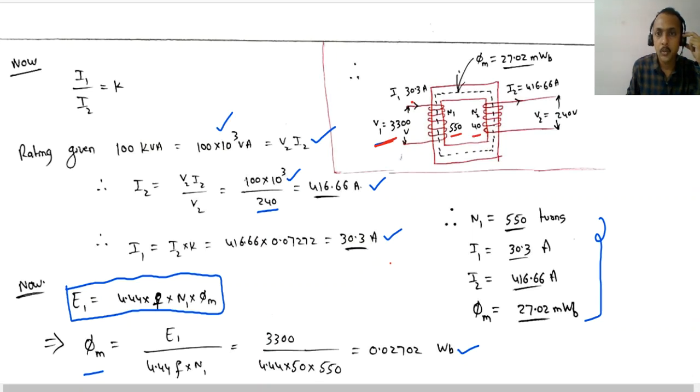Current flowing through the primary 30.3 amps. Current flowing in the secondary I2 416.66 amps. And the secondary side voltage V2 240 volt. And the flux linking both the coils, maximum flux 27.02 milliweber. So this is what we have done in this problem.